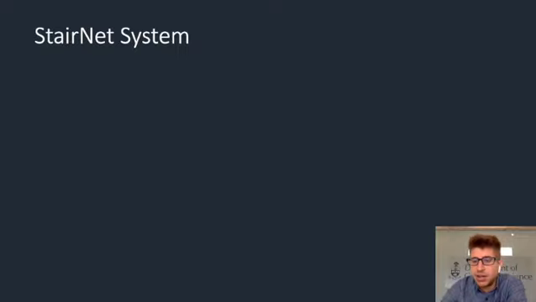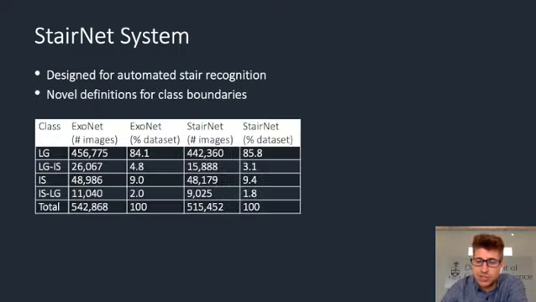Now, building on the ExoNet dataset, we designed a new computer vision dataset called StairNet specifically for automated stair recognition. And we used new definitions for the class boundaries in order to separate different environmental states.